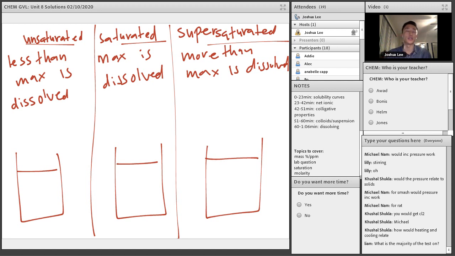How did you know that your vial of sodium thiosulfate was supersaturated? What did you drop in? To test the saturation level of any solution, you just add a little bit more.